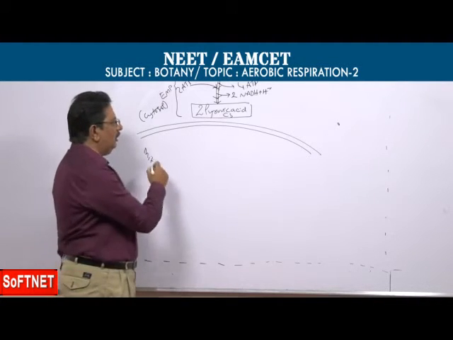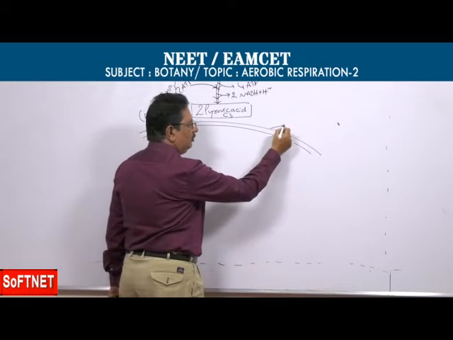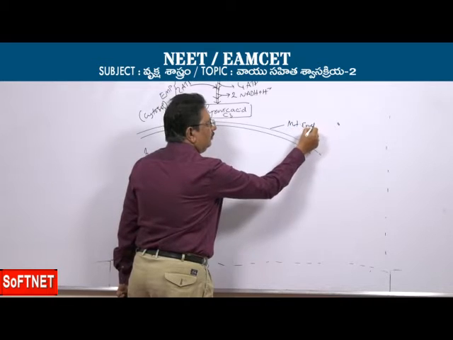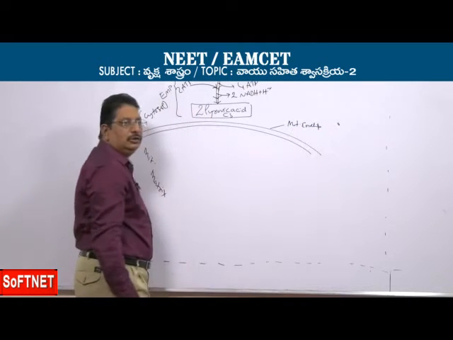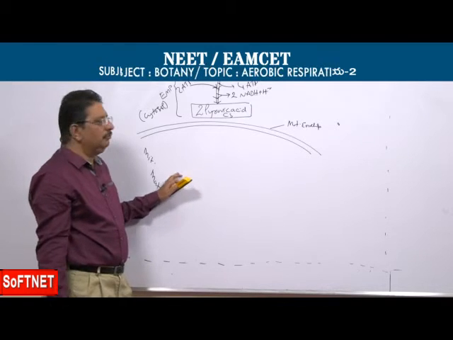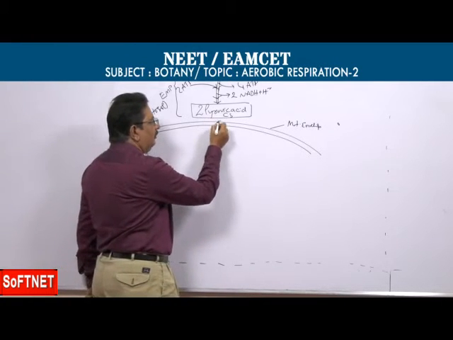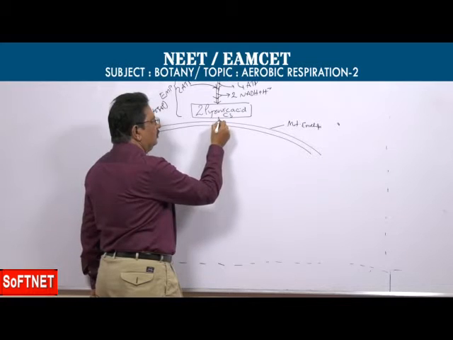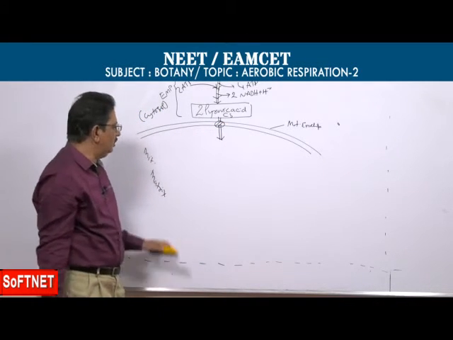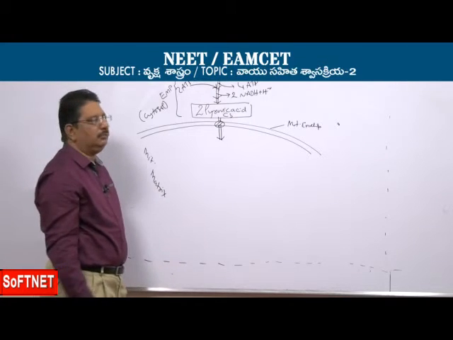So the mitochondria has an envelope, the mitochondrial envelope, which comprises two unit lipoproteinaceous membranes. From here, the pyruvic acid is transported from the cytosol to the mitochondrial matrix.